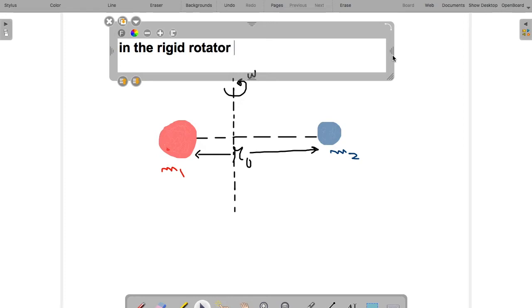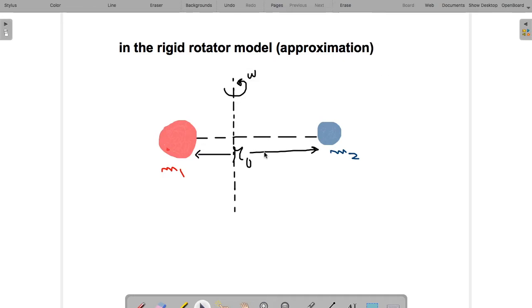or model, which is an approximation, well, basically this distance here is unchangeable. So this distance, R0, the interatomic distance, is constant and does not change with omega.